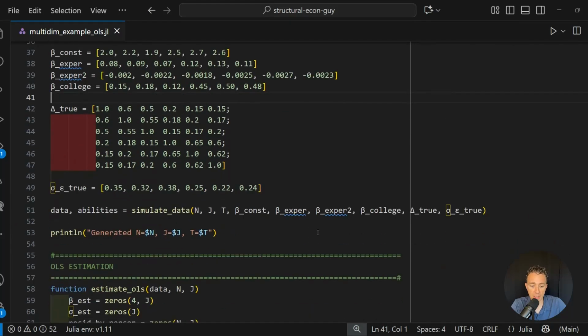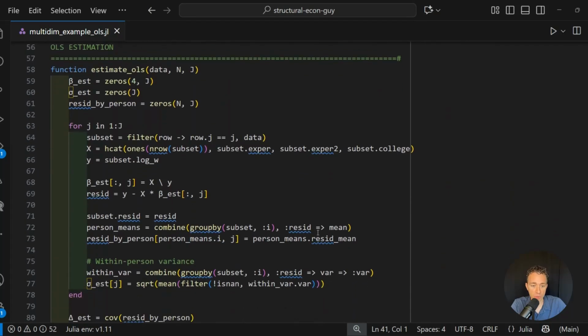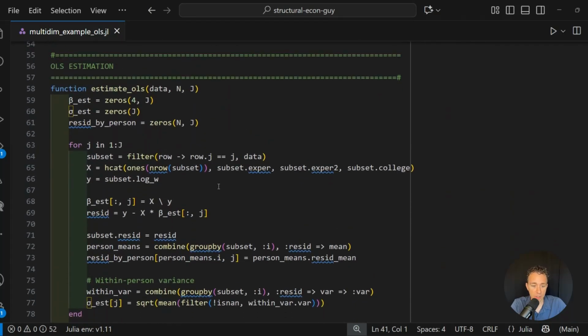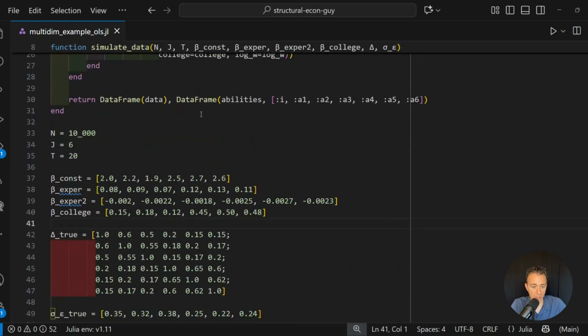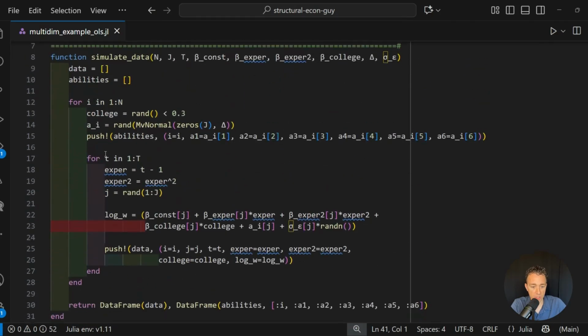So we simulate the data, and then we can just do equation by equation OLS. So basically I'm looping over occupations, just grabbing the rows of data that correspond to that occupation. And again, back in the original data generation, we just assigned occupations randomly right here.